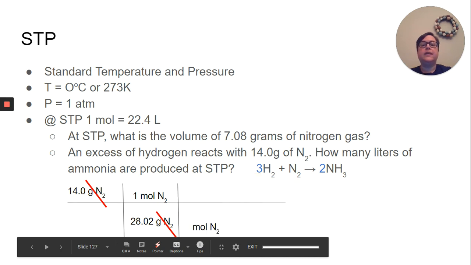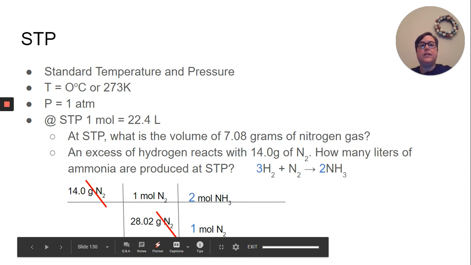We're going to bring moles of nitrogen to the bottom because we want to get rid of nitrogen, and we want to talk about ammonia. So we're going to put moles of ammonia on top. Now, when you have that mole ratio, that's when you use your coefficients from the balanced equation. So the number in front of nitrogen is 1, so we put 1, and the number in front of ammonia is 2, so we put 2.